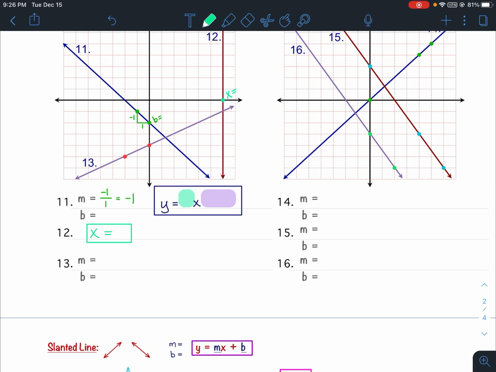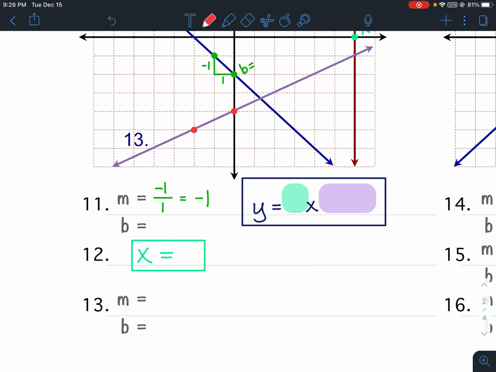Number 13, that point will be your y-intercept. That would be for your rise, and that would be for your run. Again, you're on your own there.